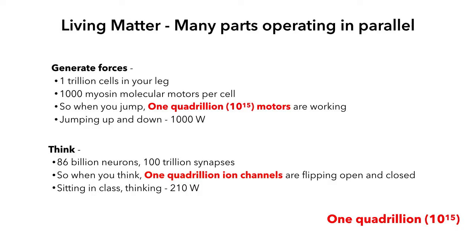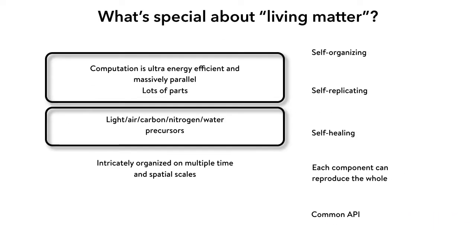As you think, quadrillions of ion channels are flipping open and closed. A quadrillion is an incredibly large number, 10 to the 15, that dwarfs any kind of component counts or part counts that you might encounter in typical engineering.